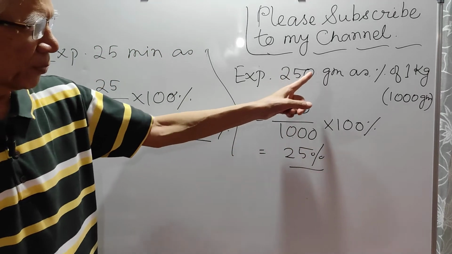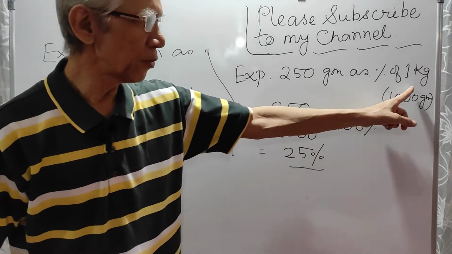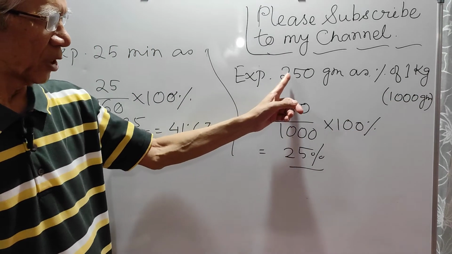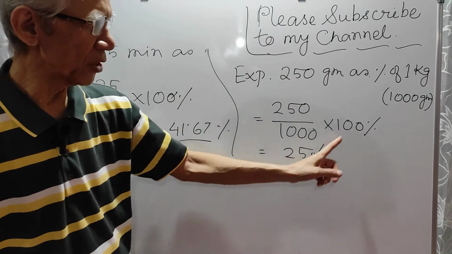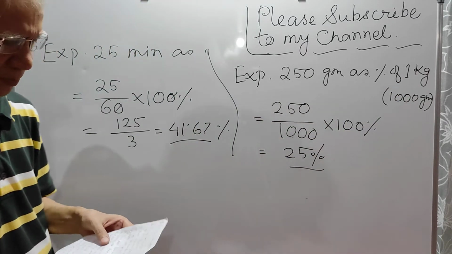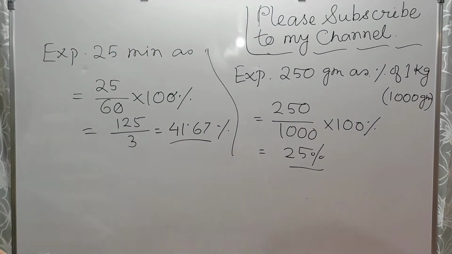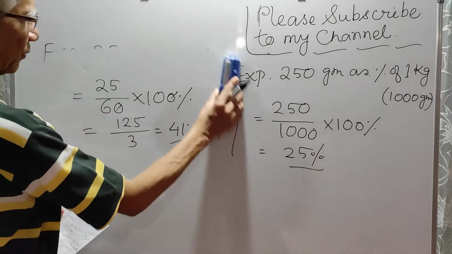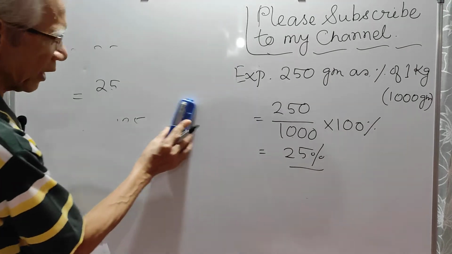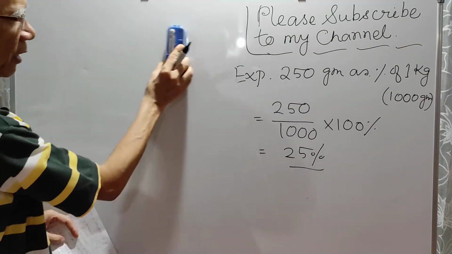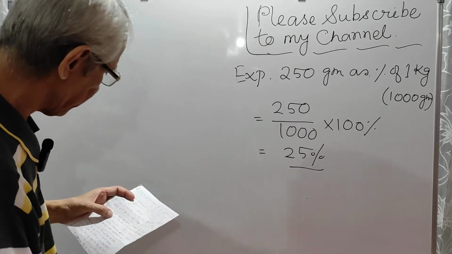So 250 grams is 25% of 1 kg. Okay, this is the second type of sum I showed. Now let us see the third type. There are different types of questions involving percentage.